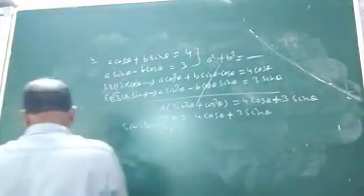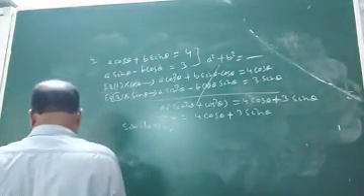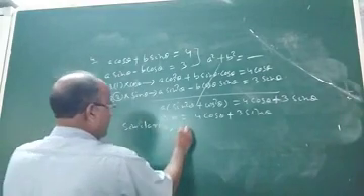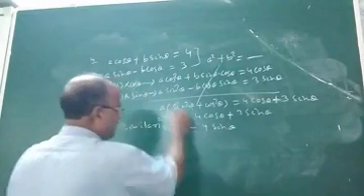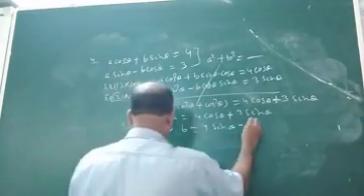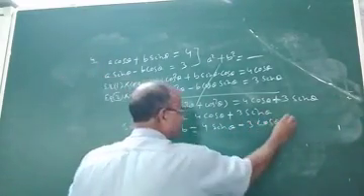So b will be equal to 4 sin theta minus 3 cos theta.